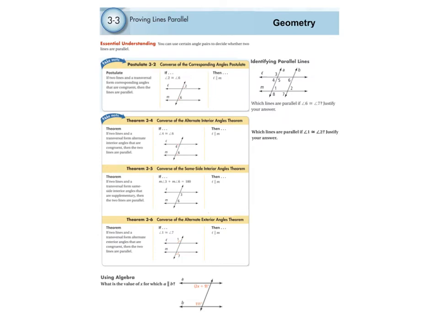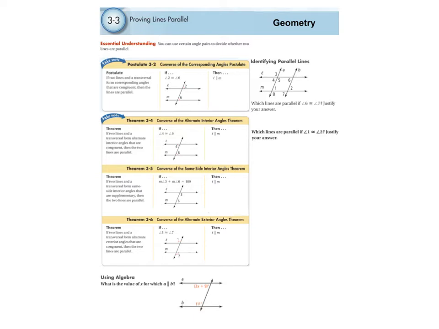All right, so today we are going to prove that lines are parallel. We are doing the reverse of what we had just been doing. The last section, section 3.2, said, first off, again, think of if-then statements.